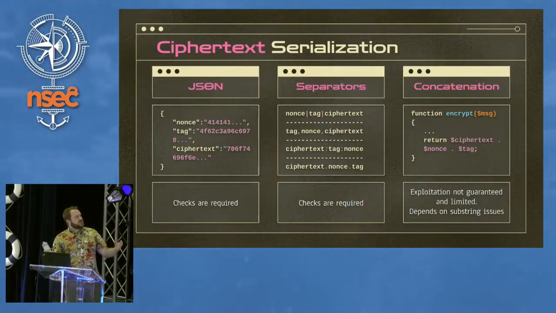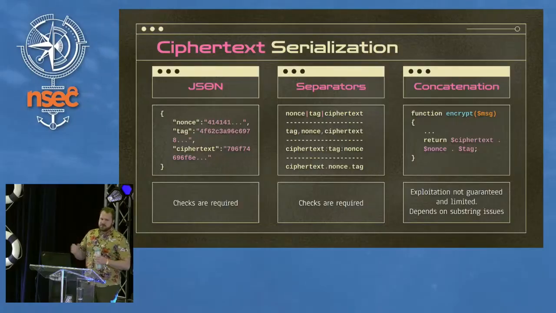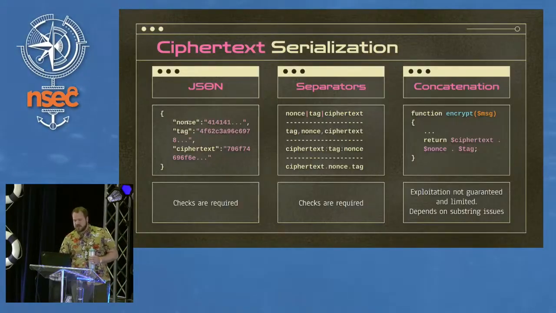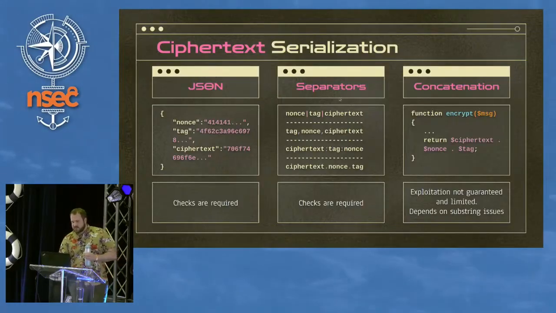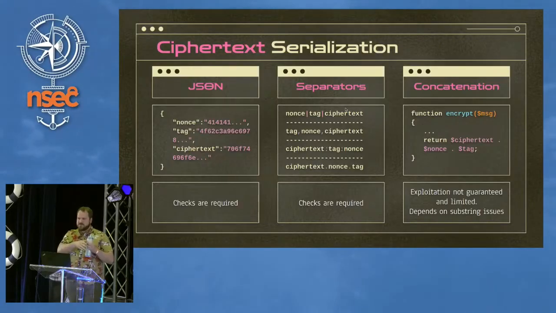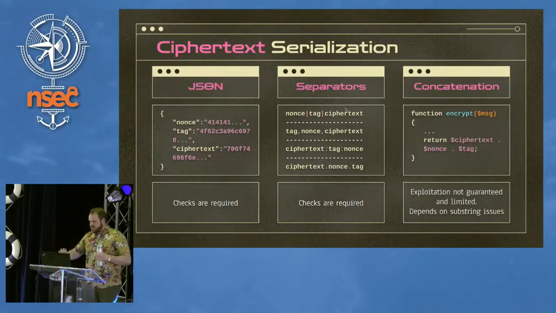But when you decode the base64, you'll see 3 different ways people encode those. So you'll see the JSON, where you'll have nonce, a tag, and a ciphertext. So it's easy in those scenarios to modify the tag to a shorter one. Same for separators, like you'll split on pipes or commas or whatever, and then you'll have the first being the nonce, the other the tag, and then ciphertext.